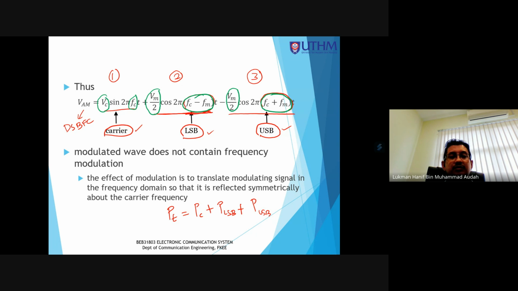So how to calculate the power? For PC, the peak amplitude is VC.